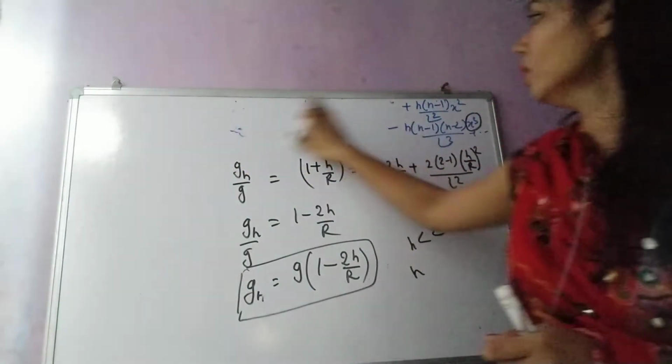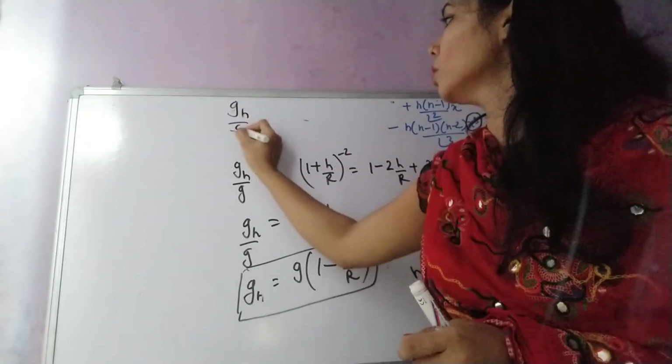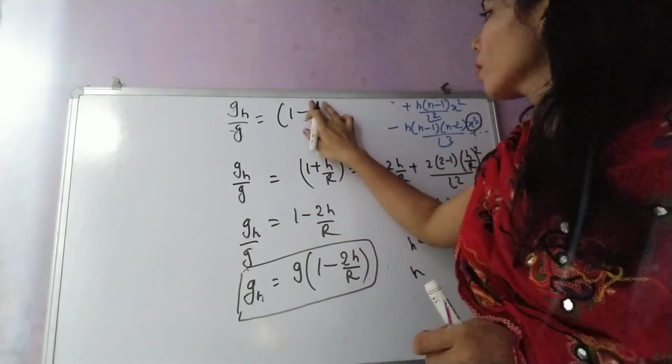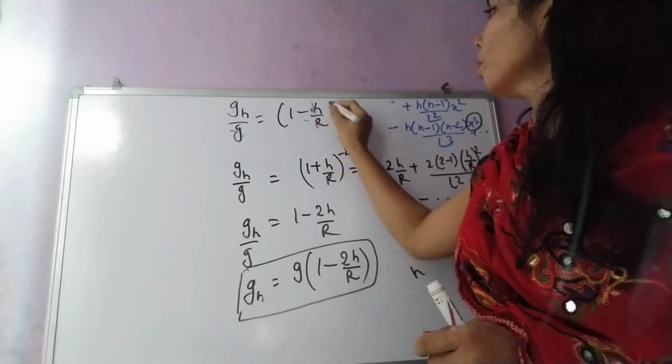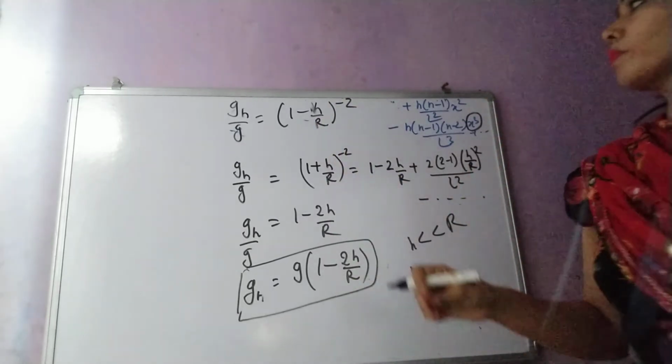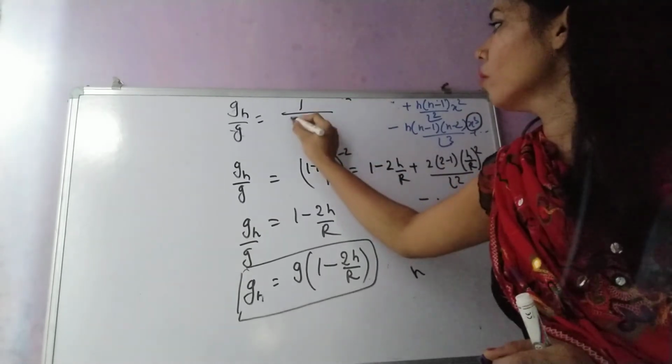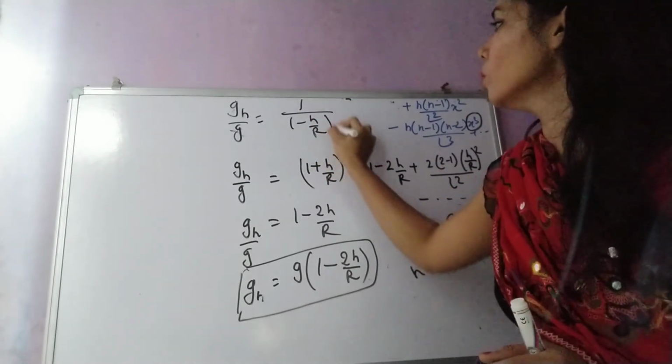The last formula was gh upon g equals to 1 minus h by r to the power minus 2, or simply you can write 1 upon 1 minus h upon r whole square.